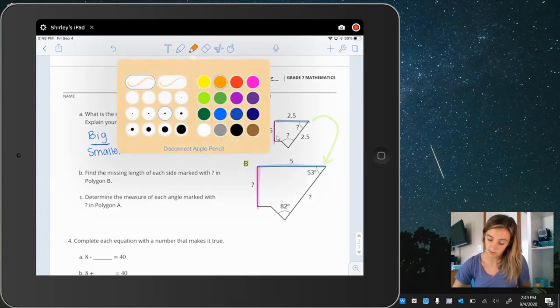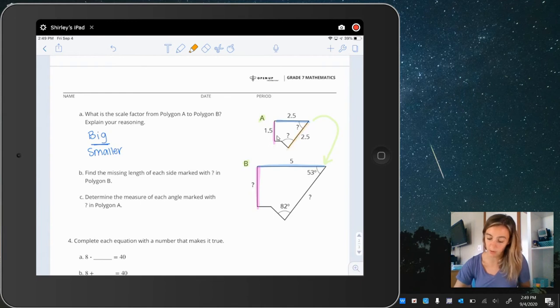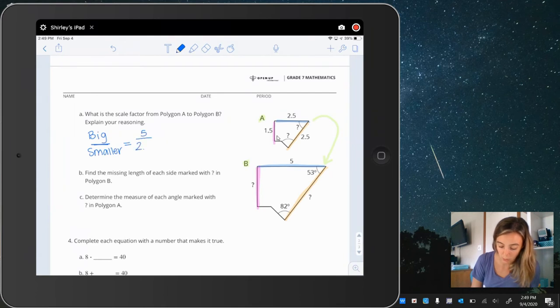And then I have another one down here, a length of 2.5, but I also don't know what that length is. So if I'm looking for my scale factor, I have to make sure I'm pulling two corresponding sides where I know both of their lengths. Using my note, I'm going to pick the blue corresponding sides because I know both of them. My bigger number is 5 divided by 2.5.